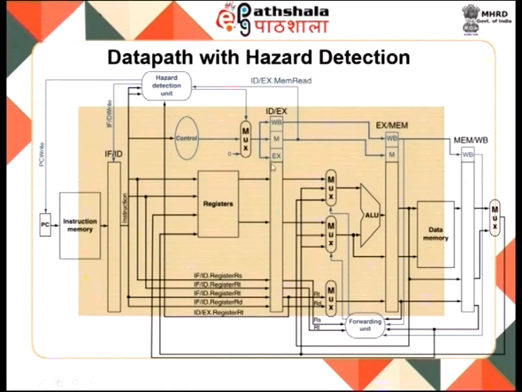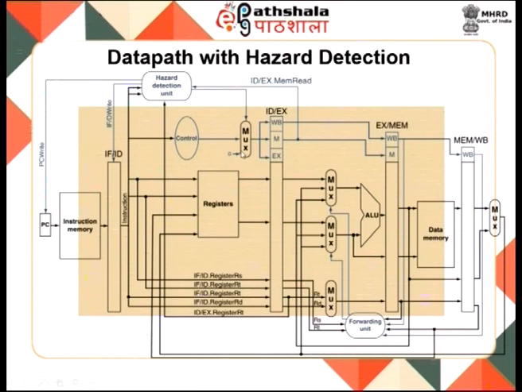It will also check whether it is a load instruction and a stall has to be created, so your memory read control signal is given here. All the conditions we indicated earlier will be evaluated in your hazard detection unit, and accordingly the hazard detection unit will send signals.